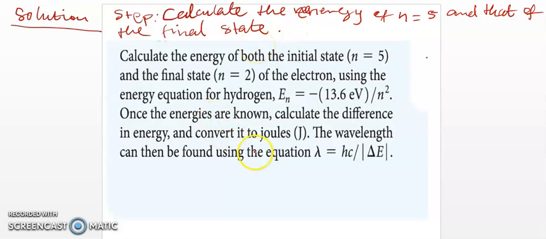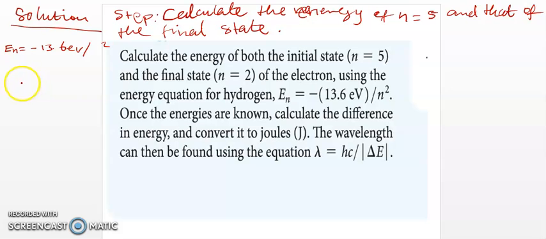To do this using our formula as indicated in the equation, we know that En must be equal to negative 13.6 electron volts divided by n squared.